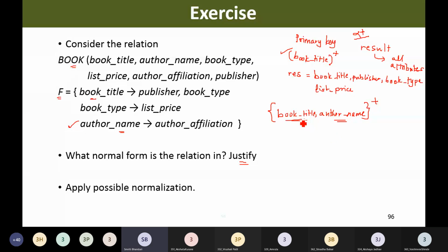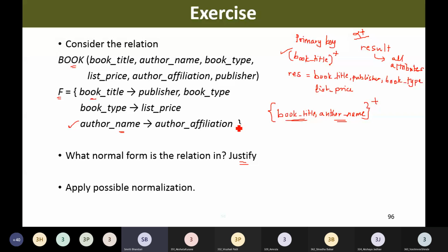Now, we have found out our primary key for the relation, that is book title, author name. Now, this primary key determines unique values of all attributes.